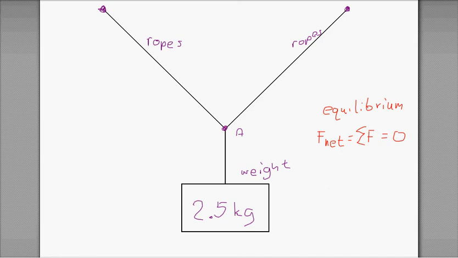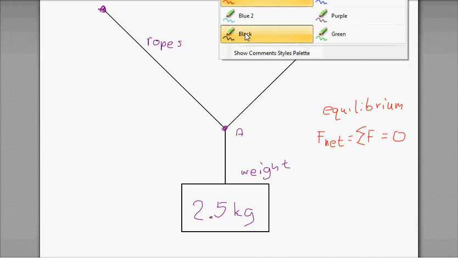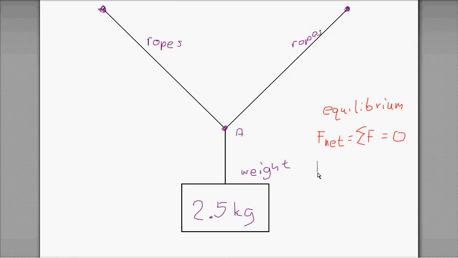But we can be more specific with two more rules. We can say F net in the x direction, which is the sum of all the forces in the x direction, will equal 0. And then F net y, which is the sum of all the forces in the y direction, is also equal to 0.